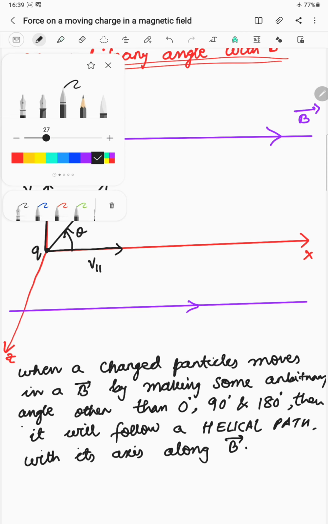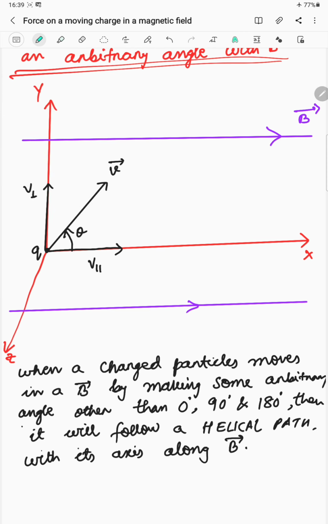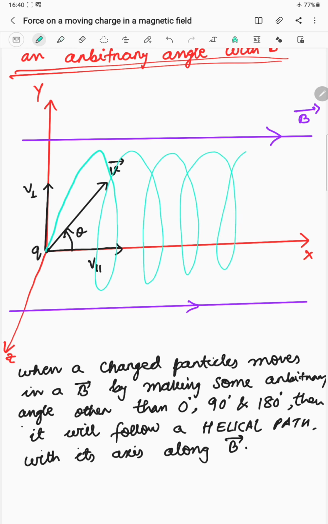Now, how will this helical path be represented? You see here, it will be something like this. It will go in this fashion. This is the helical path. Okay, it will go in this fashion. This is called your helix.